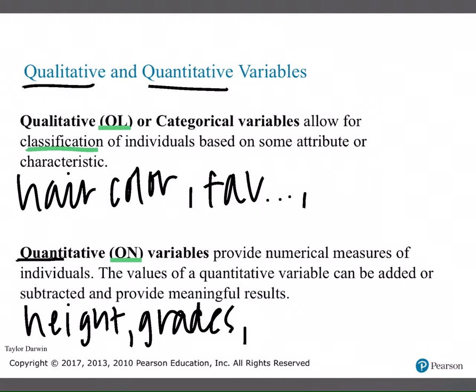I think of things that could be averaged together. I can't average together hair color. Well, maybe you can. I'm not a cosmetologist, but as far as I'm concerned, I don't think you can. I can't subtract hair color at least. So quantitative, again, provides numerical measures.